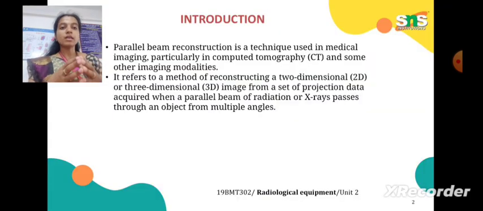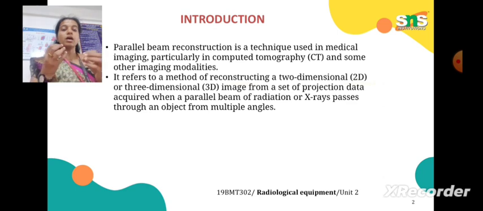Parallel beam reconstruction is a technique used in medical imaging, particularly in computed tomography, that is CT, and some other imaging methodologies. It refers to a method of reconstructing a two-dimensional or three-dimensional image from a set of projected data acquired.